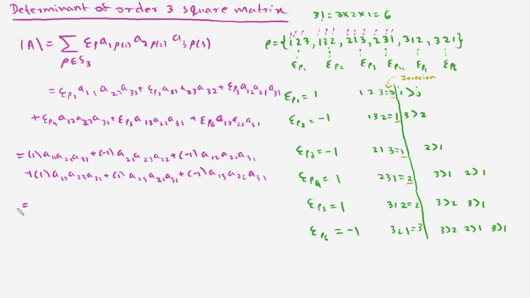Okay, so now we can further simplify this. Okay, I have made some mistake over here. This should be 1. Okay, 1 1 1 1.